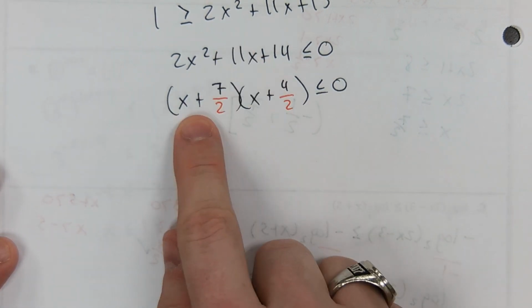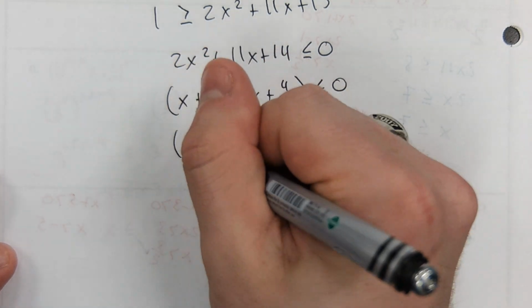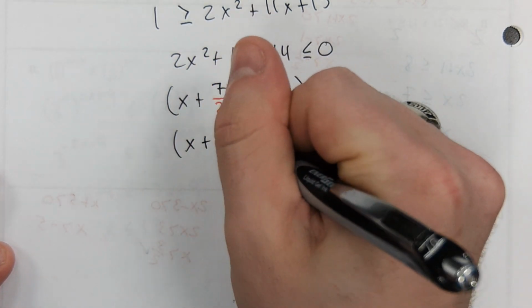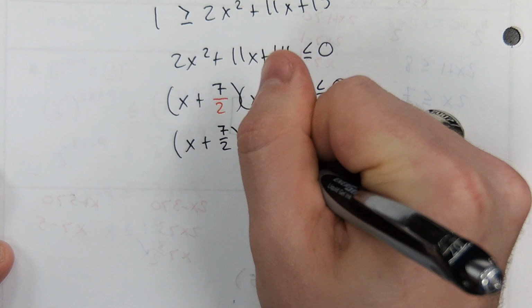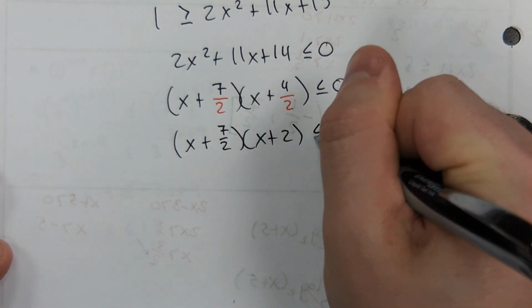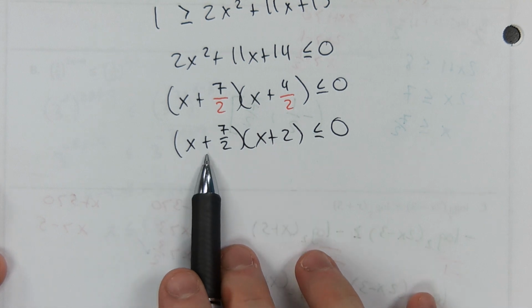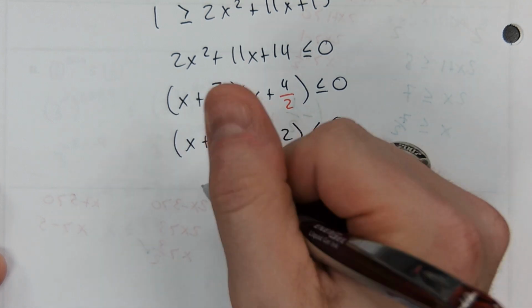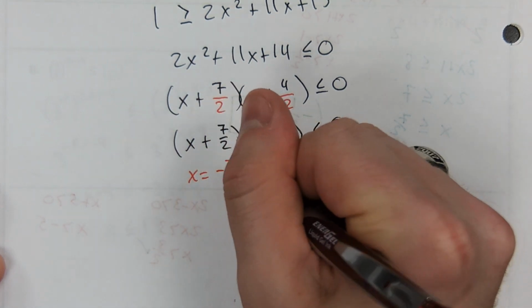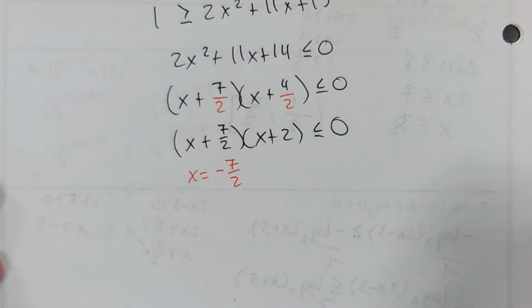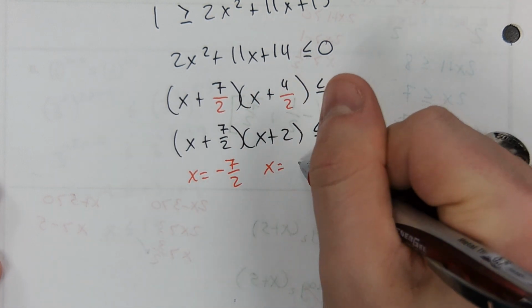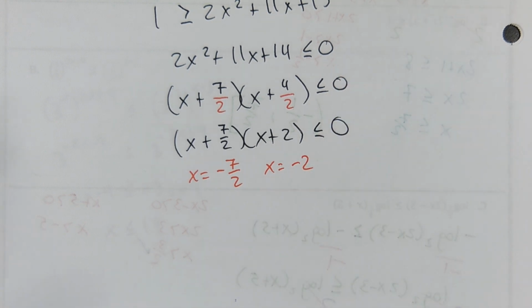This reduces. This does not. I'm not going to write it as 7x plus 2 because I'm trying to solve. There. This shows me that x equal to negative 7 over 2 is a critical value, and this shows me that x equals negative 2 is a critical value.